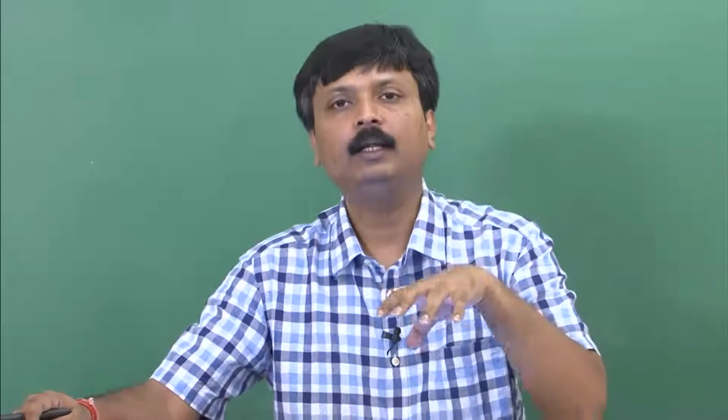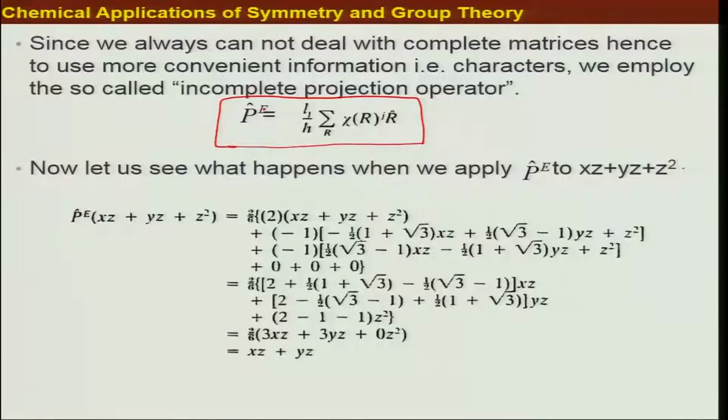Now let us verify whether this newly formed incomplete projection operator, in terms of the characters of the irreducible representation we are concerned with, gives the same result or not.